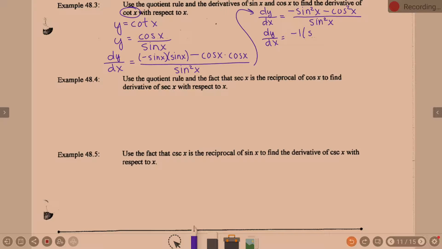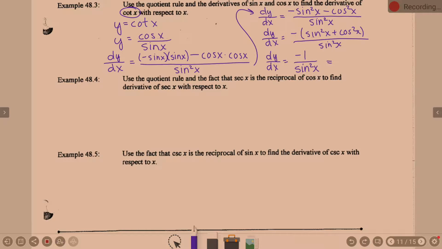If I factor out negative, then I have sine squared x plus cosine squared x, all over sine squared x. And for the same reason as last time, sine squared plus cosine squared x is 1. So on top I have negative 1 over sine squared x.